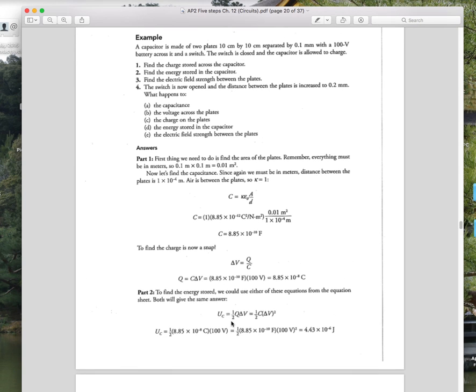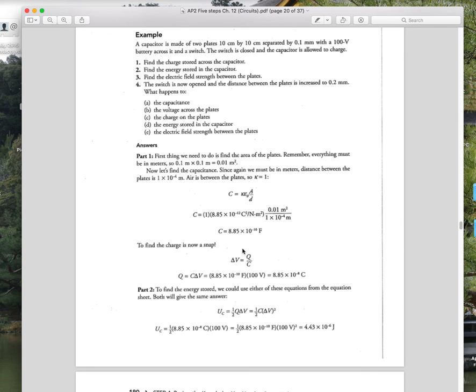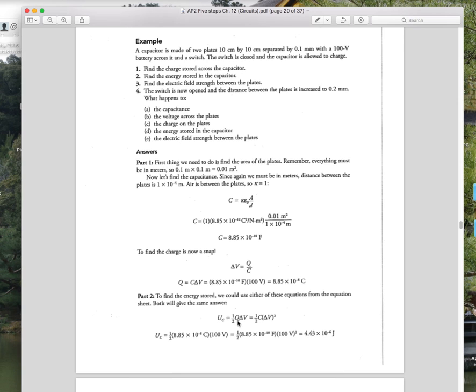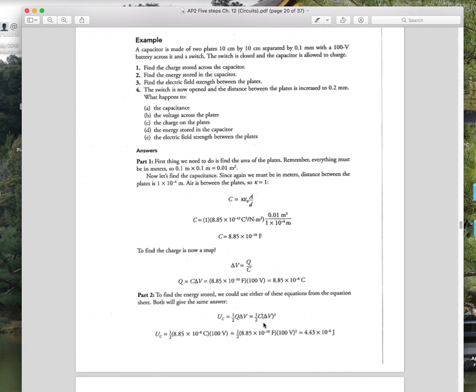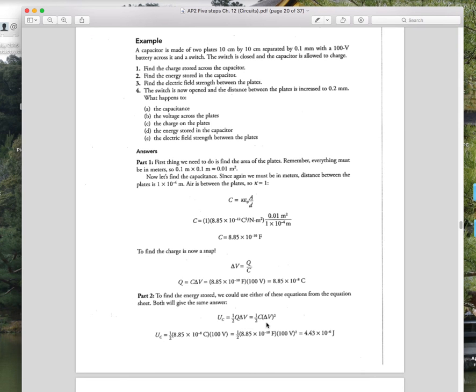There's other things about energy stored on a capacitor, and that depends on the voltage across it and the amount of charge that's held. The way that you get these two to be equal to each other is that delta V is equal to Q over C. So C delta V squared is the same thing as Q delta V. Okay, that makes sense to me.